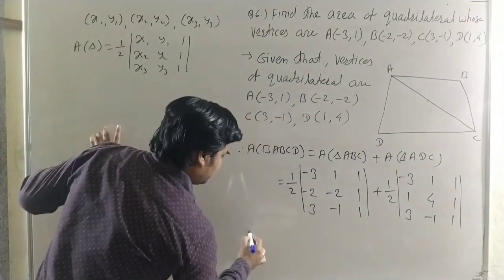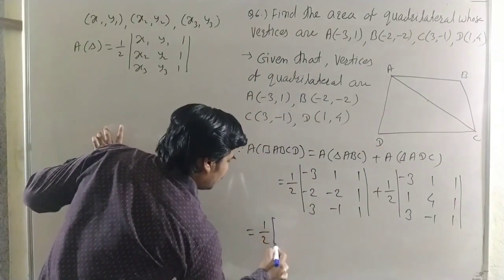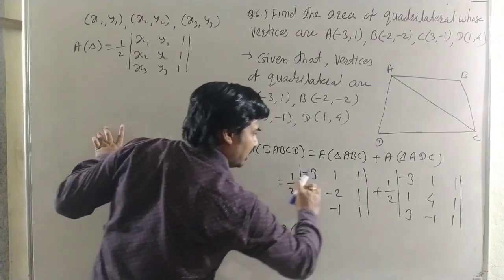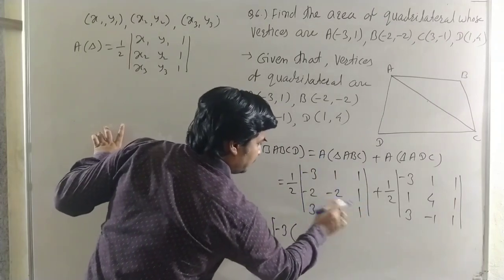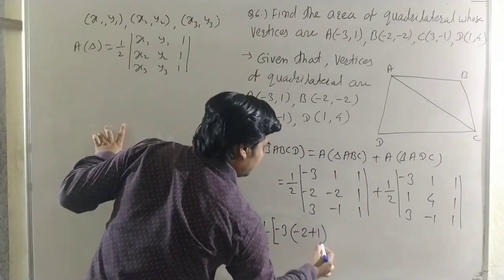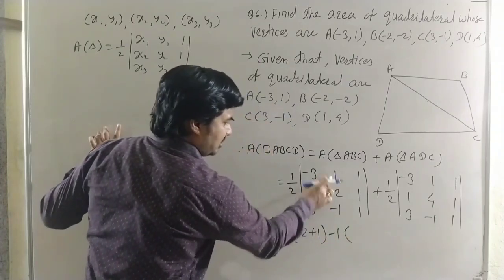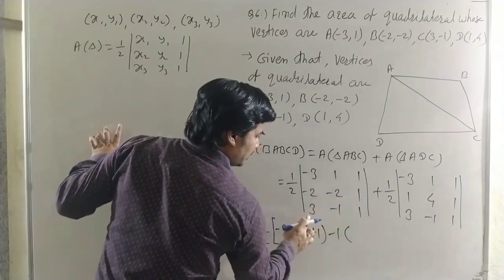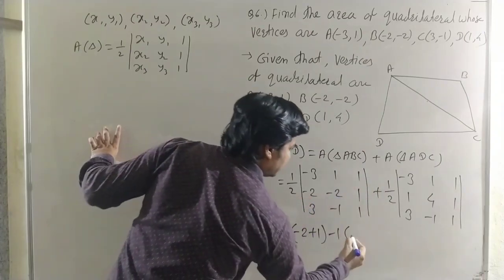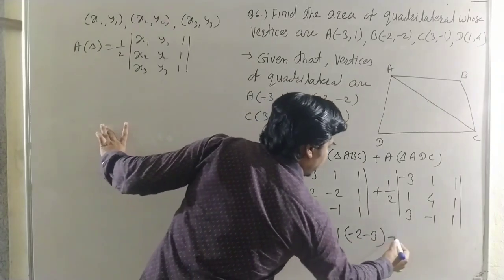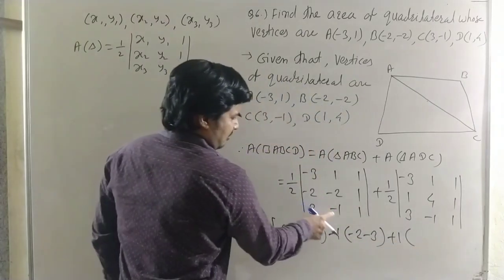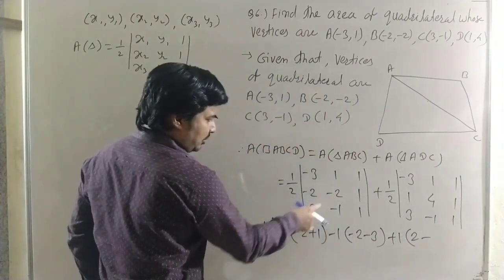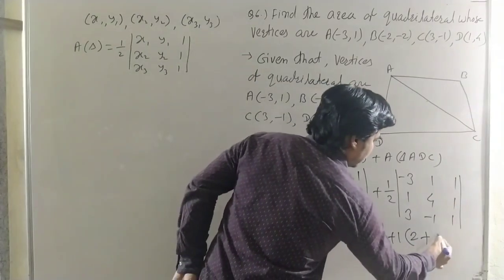Now first we find 1/2 into the determinant of this term. It is -3 into the determinant after deleting the row and column, -2 plus 1, minus 1 into, changing the sign of the middle term, -1 into the determinant after deleting the column and this row, -2 -3, and plus 1 as it is, -2 -1 it is a plus 2, minus the multiplication of these two terms, so here we get plus 6.